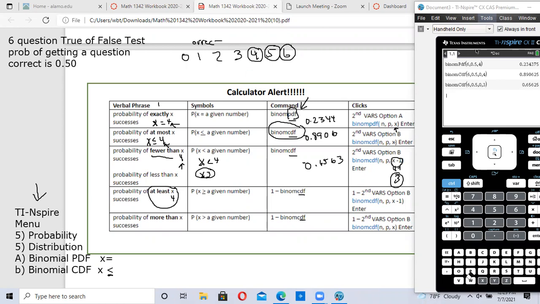So I'm going to change my color here. If you look over here to the right, they want us to do 1 minus the binomial CDF. So this tells us 1 minus the binomial CDF.